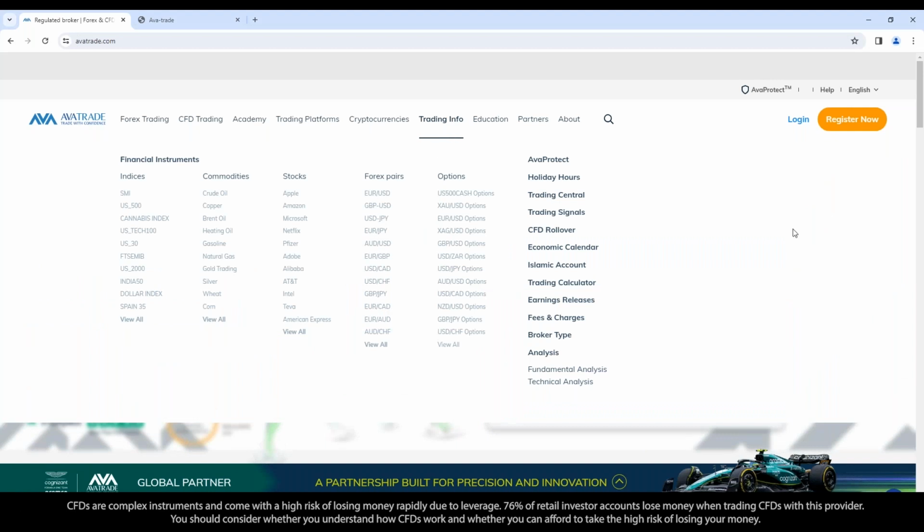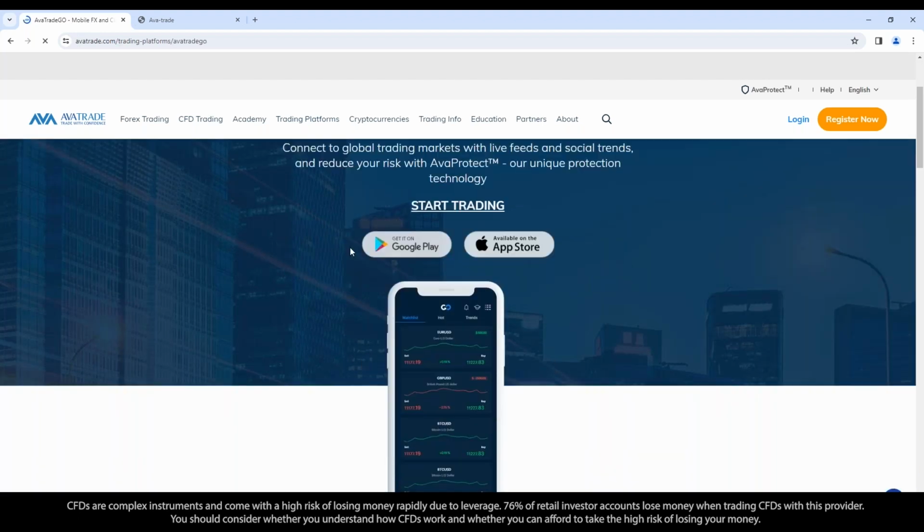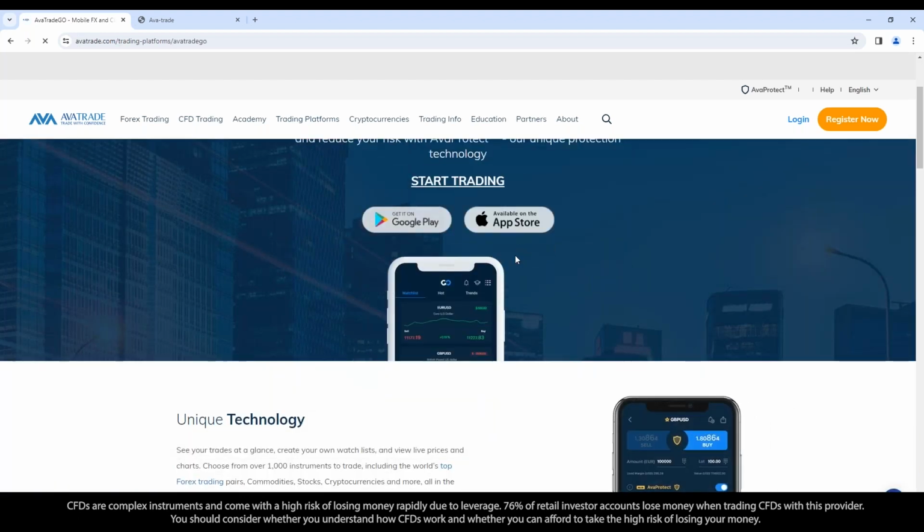From our main website, if you trade via mobile, we do have a mobile app with all of the same functionalities that we're about to use in our web trader. And both the mobile app and our web trader can trade on your MT4 accounts and your MT5 accounts. You can switch between them within our app and web trader. So AvaTrade Go is found in the major app stores, Google Play, Apple App Store.